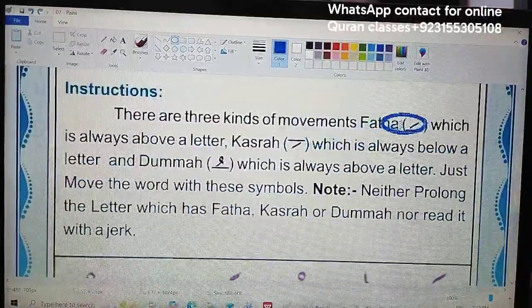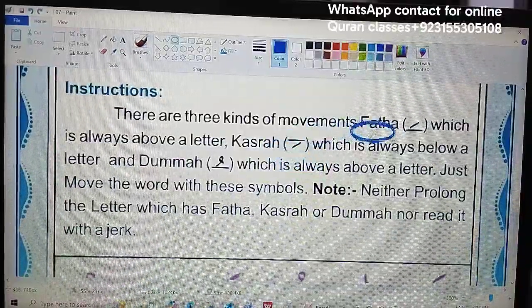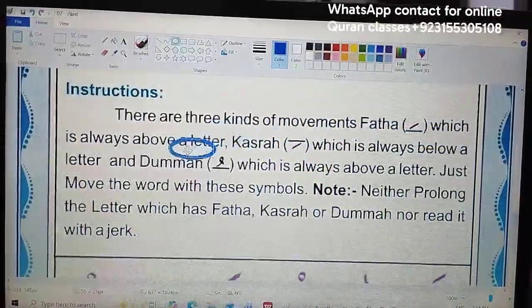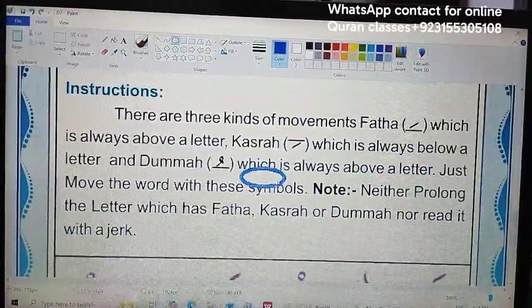Fatha is always above a letter. Fatha and kasra shapes are the same, but fatha is always above a letter and kasra is always below a letter.